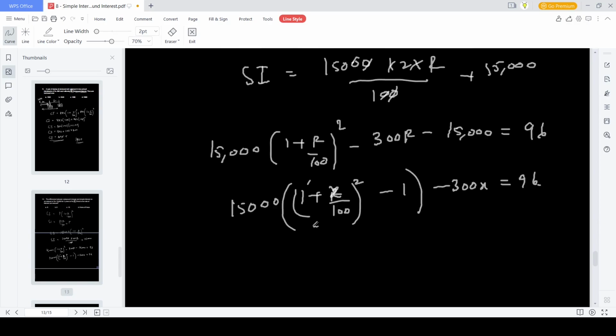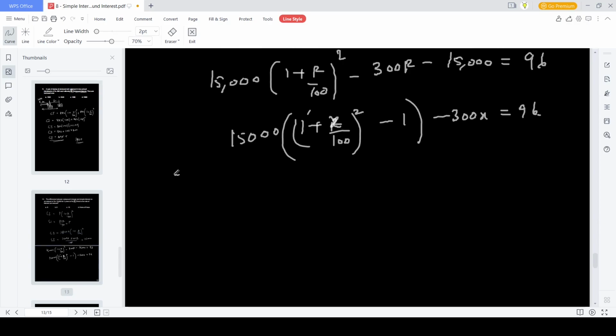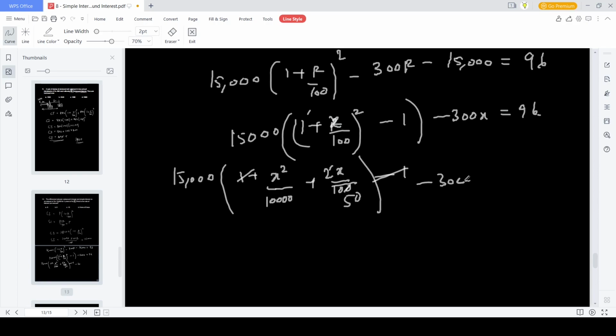So I will just expand this part using the formula (a plus b) whole square. 15,000 into 1 square plus x square by 100 square, plus 2 into a into b, that is nothing but x by 50, minus 1. So this cancels. Minus 300x is equal to 96.